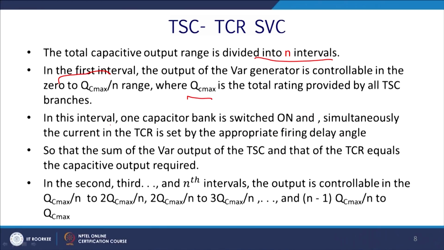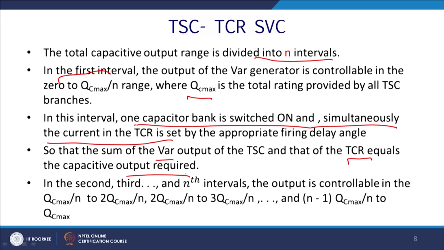In this interval, one capacitor bank is switched on, and simultaneously the current in the TCR is set by the appropriate firing angle delay, so that the sum of the VAR output of the TSC and that of the TCR is the capacitive output required. So, it will compensate the negative VAR.